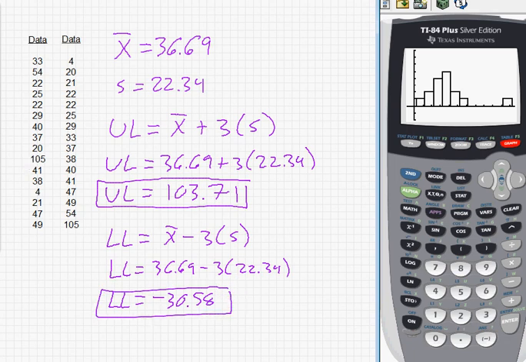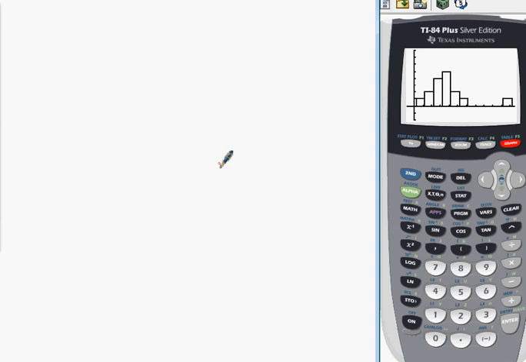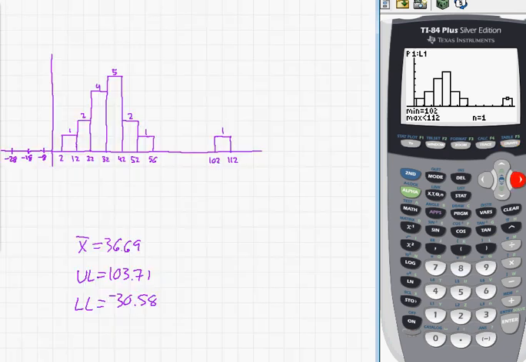So if we come over here into this histogram and look at where these upper and lower limits are, what I'm going to do is maybe get a new page and draw this histogram. Here's the histogram, and I've copied down the mean, upper limit, and lower limit.